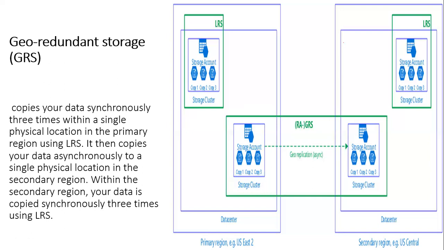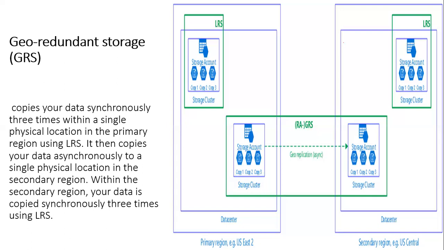In that region, based upon the availability or whatever backend processing Microsoft Azure does, my storage account along with my data will get replicated using LRS. LRS is the first thing which we discussed, locally redundant storage, which copies your file three times. A single file is copied three times.